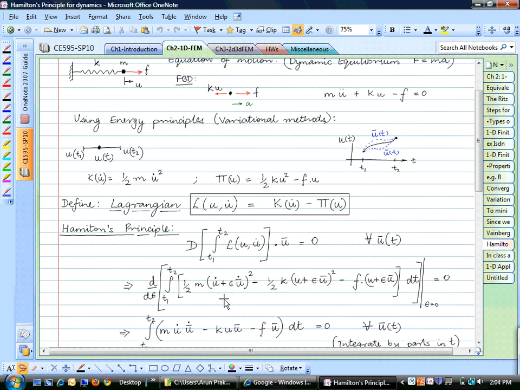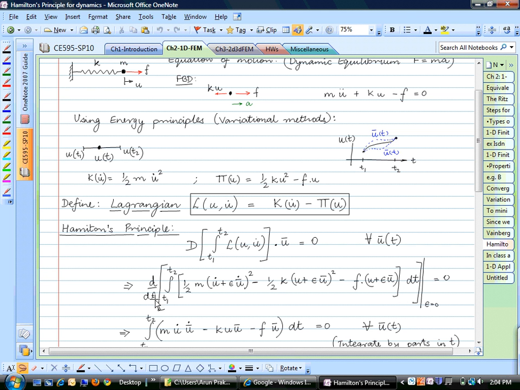This first term right here is the kinetic energy at u plus epsilon u bar. This was the definition of our directional derivative. So we perturb our real displacement by a small u bar, and we calculate the new kinetic energy. And we perturb u with u bar again, and we calculate the potential energy and the potential due to external forces.